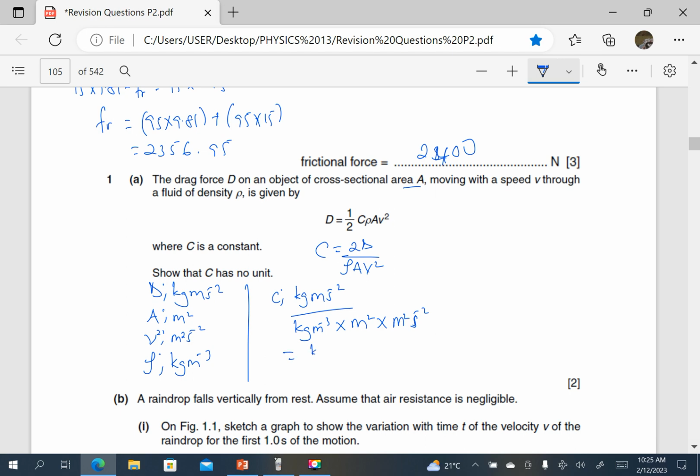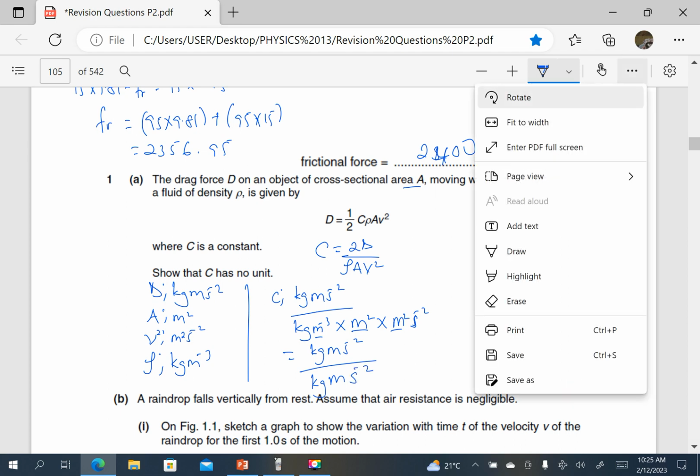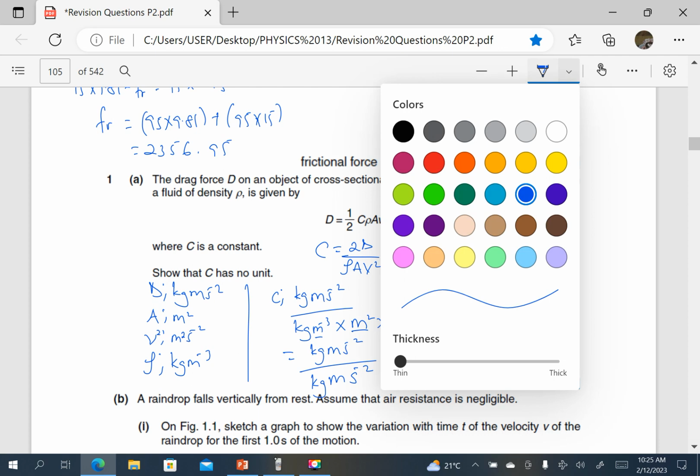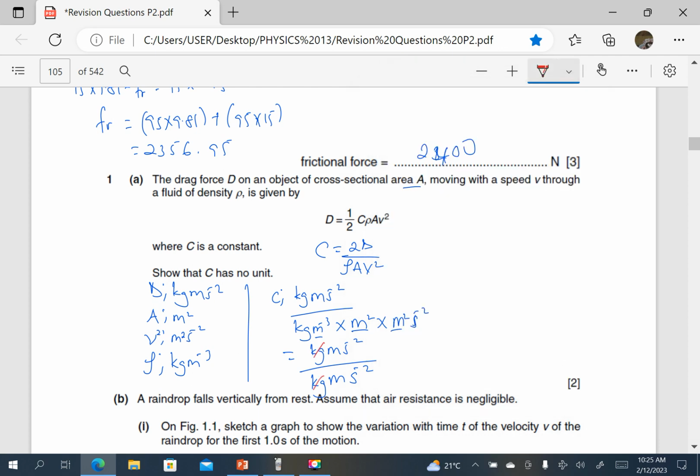In the numerator we have kilogram meters per second squared, and in the denominator we have kilograms, meters to the power negative 3 times meters squared, you remain with meters to the power 1, then times s to the power negative 2. Each of these quantities in the bottom has its corresponding quantity in the top, so they cancel out. So we conclude that C has no units.